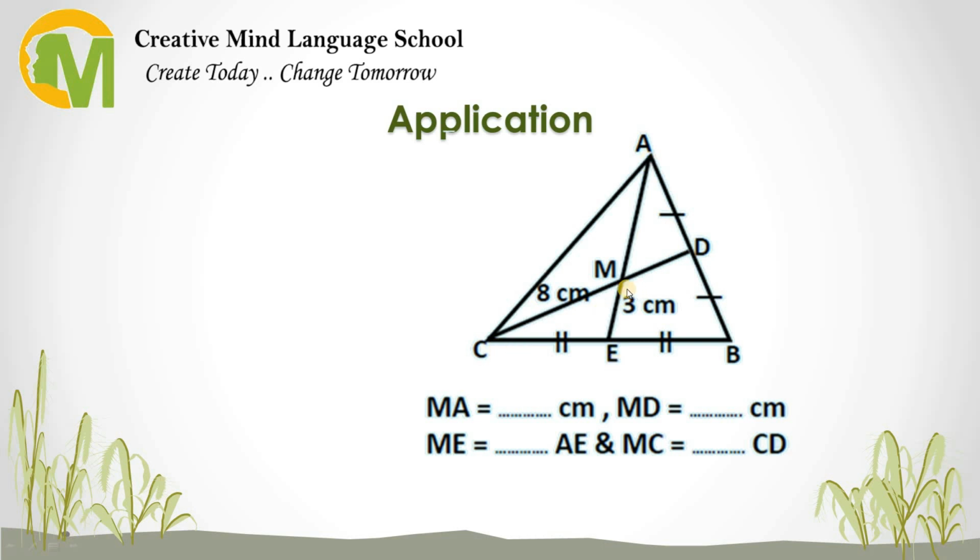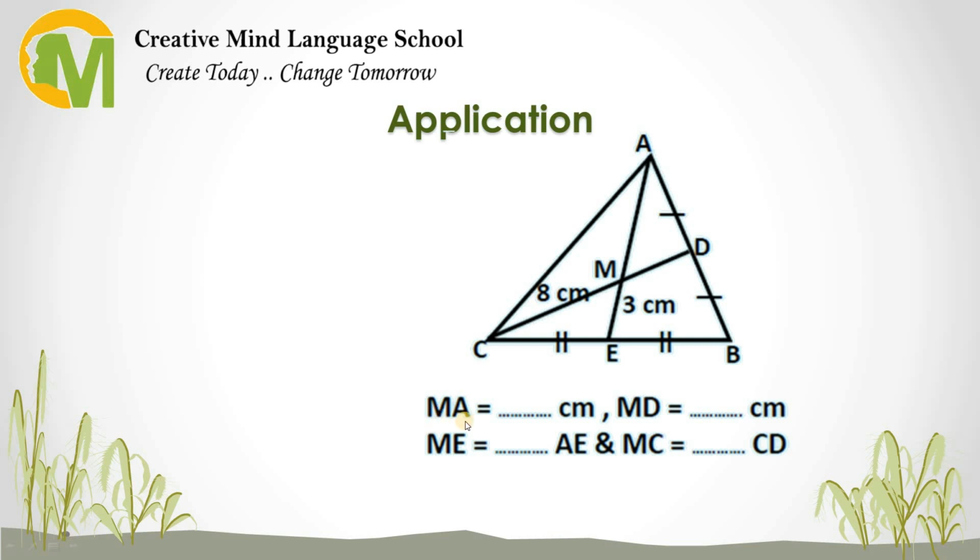Then, the intersection of the 2 medians is the point of concurrence, which applies the ratio 1 to 2 from the base or 2 to 1 from the vertex. The example says that the length of CM is 8 cm and also the length of ME is 3 centimeters.